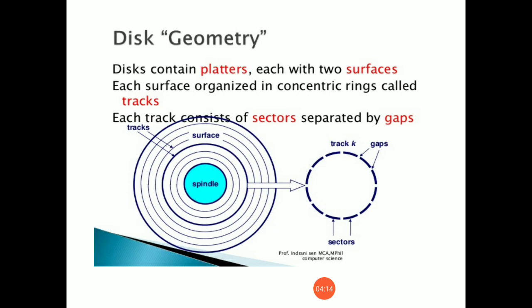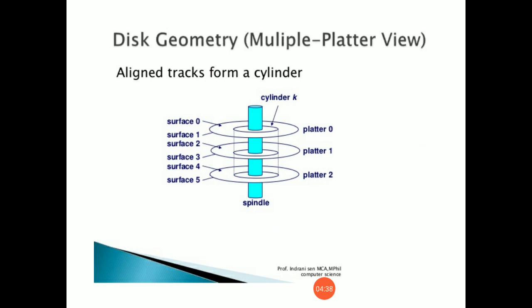Tracks and sectors do not have physical existence on the surface of the disk. They are logical things. If I want to increase the storage capacity, several hard disks, also called platters, can be used, and these platters are mounted on a common drive to form a disk pack.